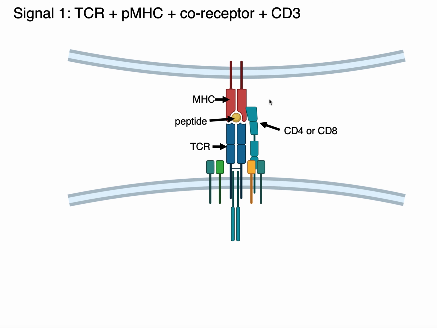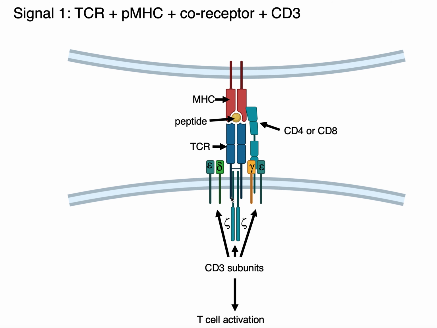The last component of this interaction that I want to draw your attention to is this complex of molecules collectively called CD3. CD3 is a collection of subunits that congregate together, and these are the molecules that initiate the T cell activation signal into the cell.